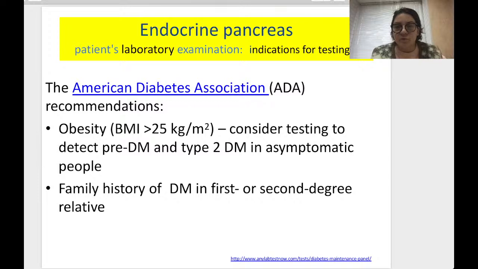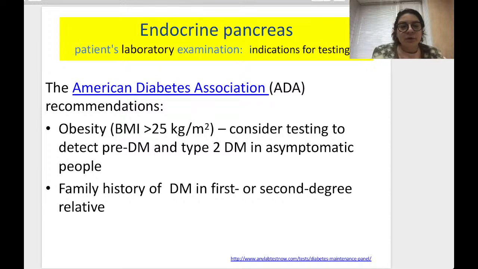Obesity today is in first place among risk factors of diabetes mellitus type 2. It is when the BMI is more than 25 kilograms per square meter, and especially in obese people with BMI more than 30. Testing is considered to detect pre-diabetes mellitus and type 2 diabetes mellitus, even in asymptomatic people.